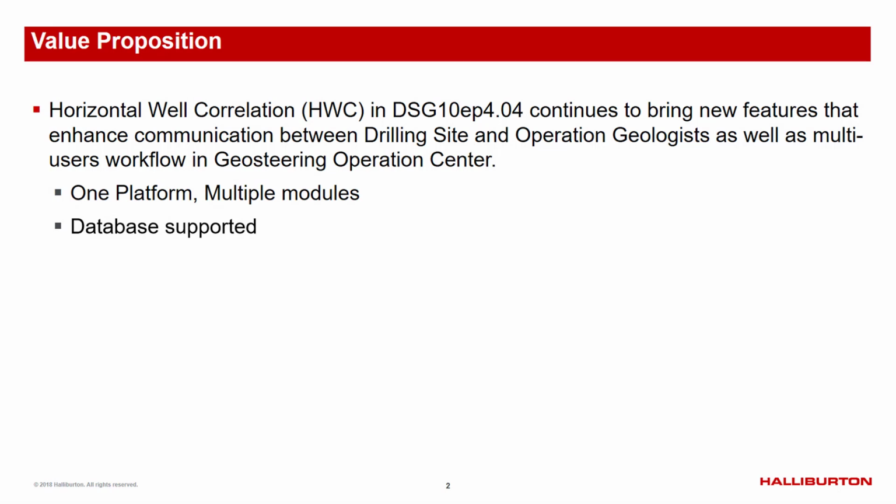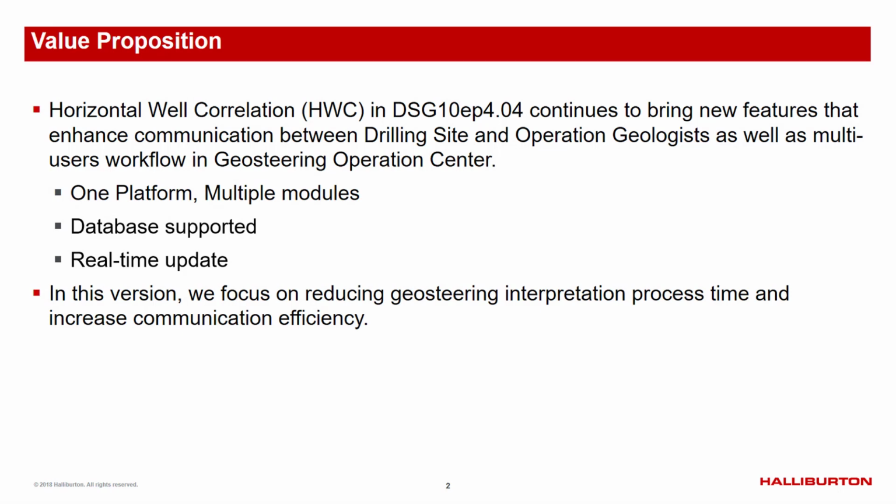Especially when you have an operation geosteering center, that is very helpful, because your team will be able to see the results in real time. Real-time update is critical for the geosteering process, because as soon as you make an update, your framework should be updated as well, and the rest of the team should be able to see the change you made.